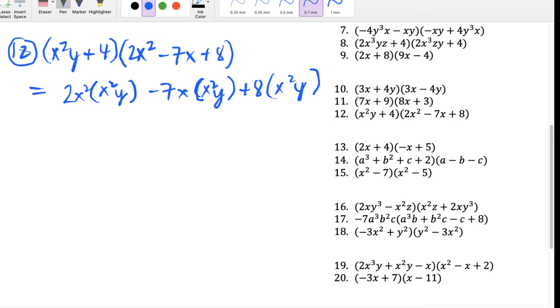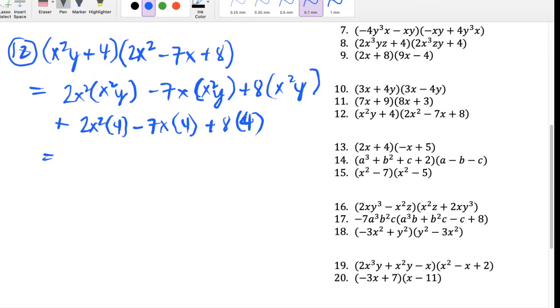Okay? And then, yung 4, i-multiply din natin sa lahat, plus 4 times 2x squared, baliktad. Okay. So, again, 2x squared times 4 minus 7x times 4 plus 8 times 4. Okay?